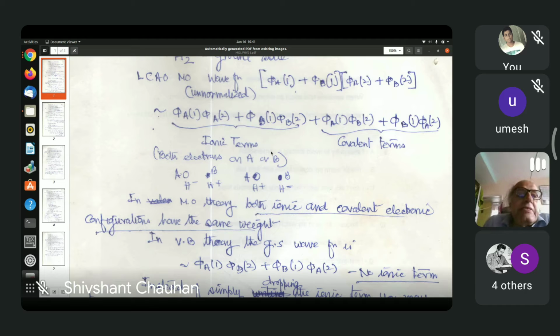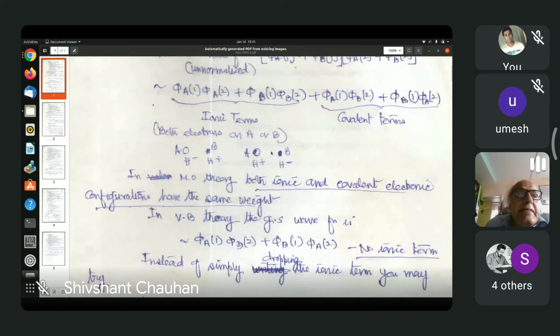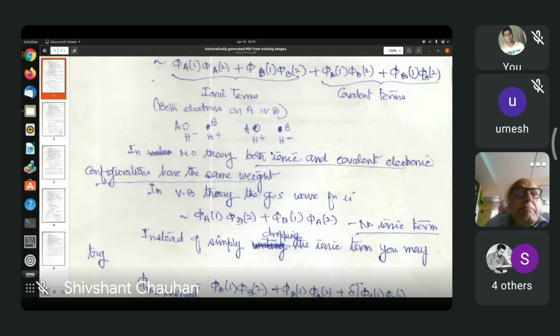So these are the ionic terms. There is a small diagram here. For the ionic terms, the structure looks like this: either A is an H minus because it contains 2 electrons and B is a bare proton, or A is a bare proton and B is a negatively charged hydrogen.